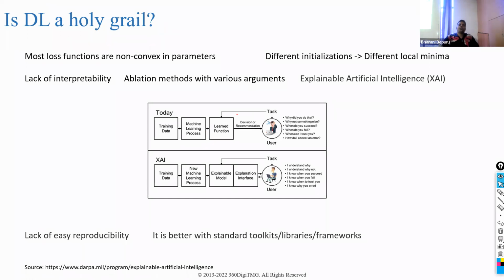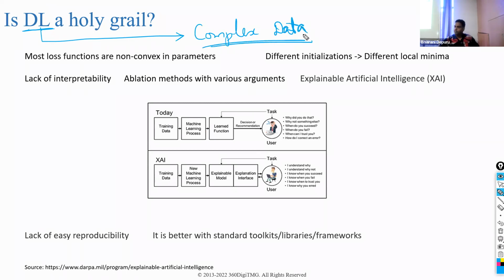So there are far too many things within deep learning neural networks. But then there are a lot of challenges as well. While deep learning neural networks can handle very complex data, huge data, a lot of relationships, certainly deep learning or neural networks will help you immensely.